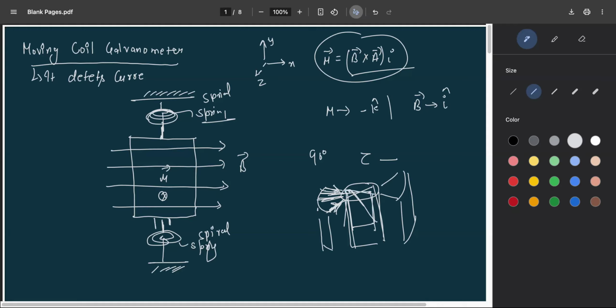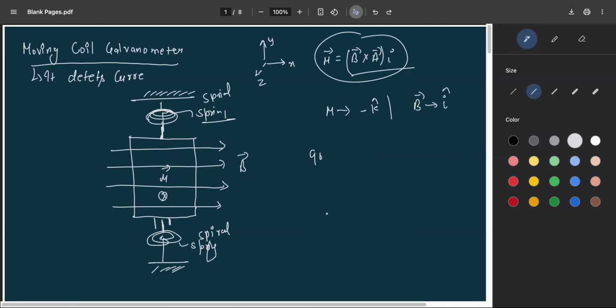So this arrangement makes it easier to use, and it will always ensure that there will be at least one loop which is at 90 degrees to at least one portion of the magnetic field.